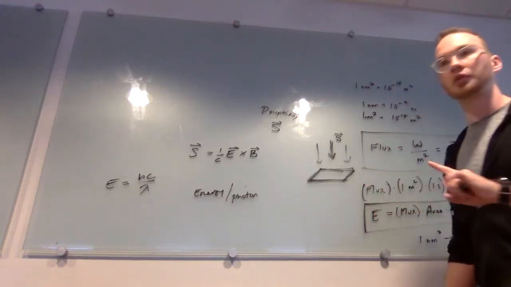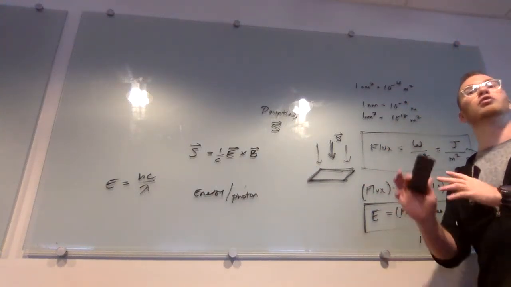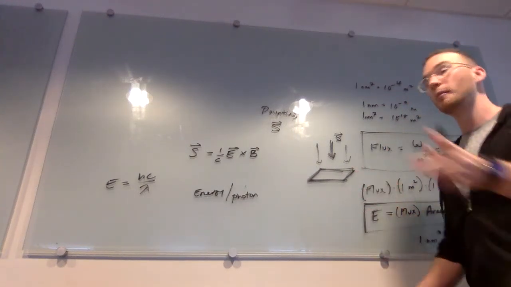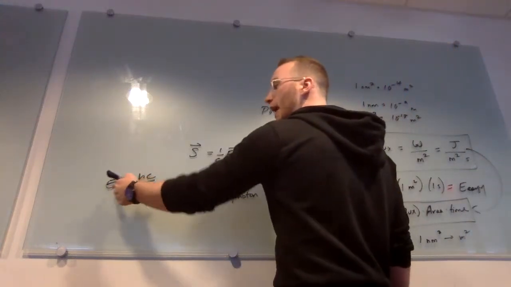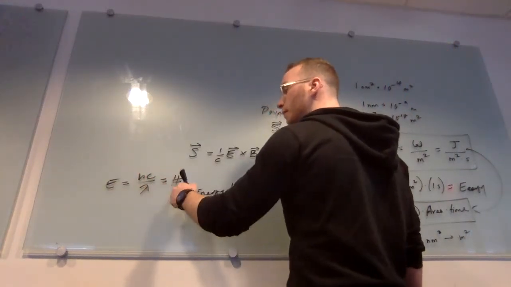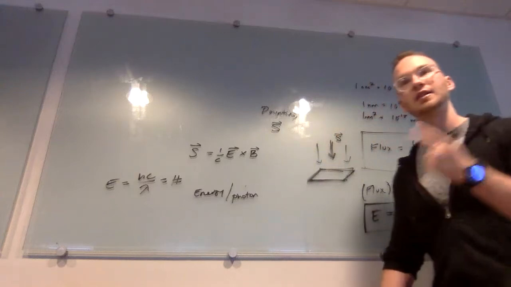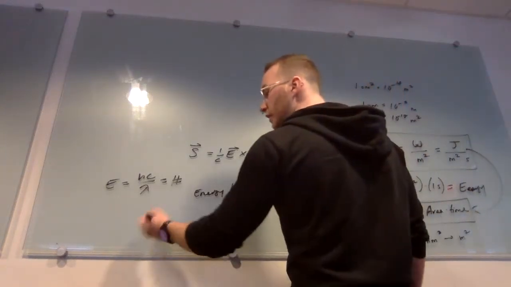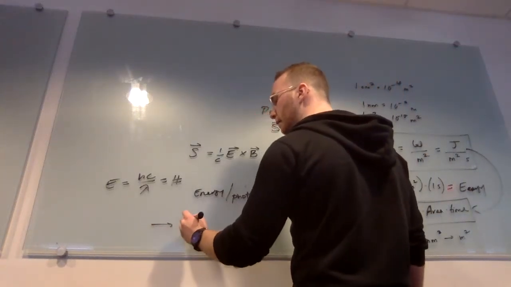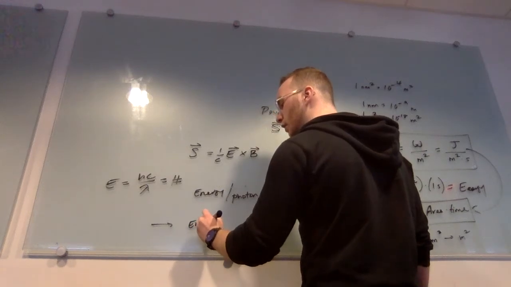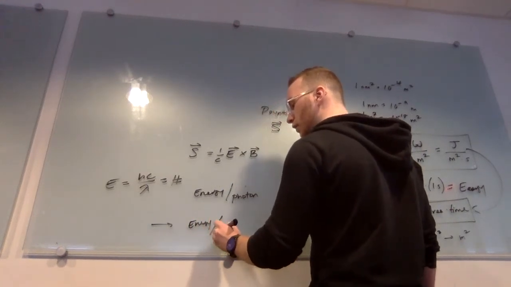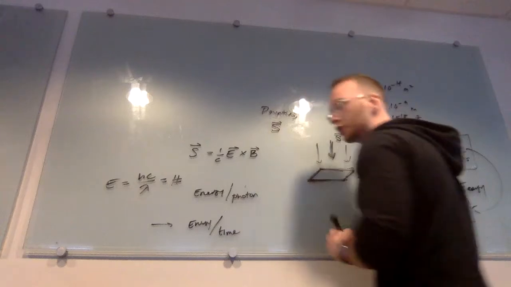This is where labels are kind of useful. You don't normally have to label all of your things, right? But in this case, you might want to write that number as energy per photon, because later they ask you to solve something else and you get energy over time or something like that.